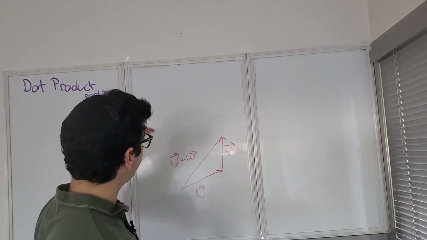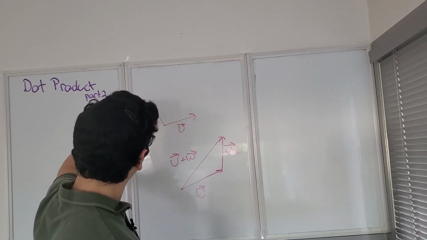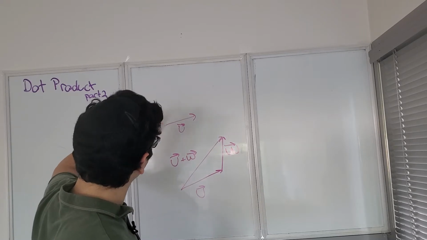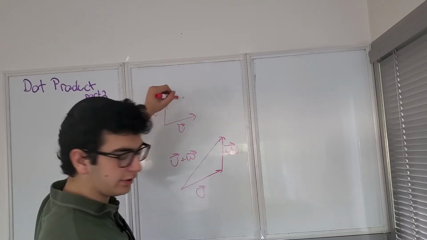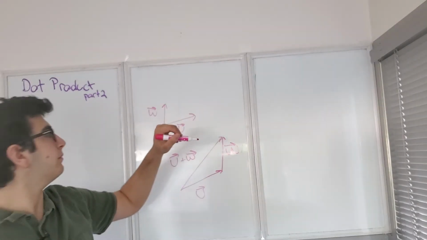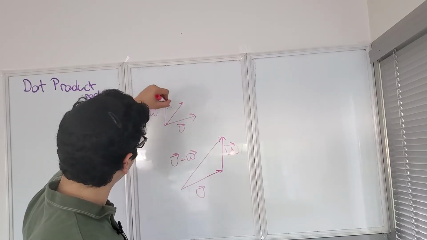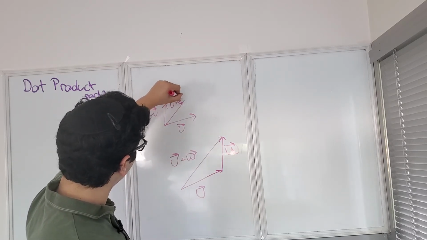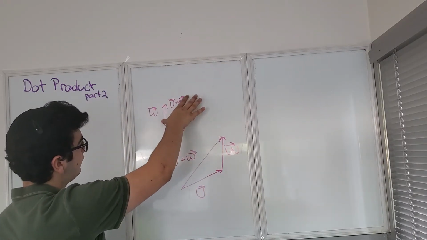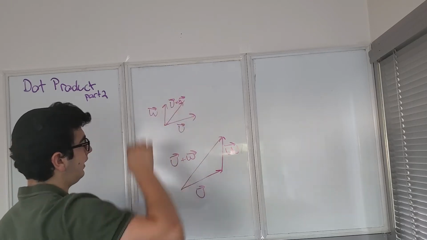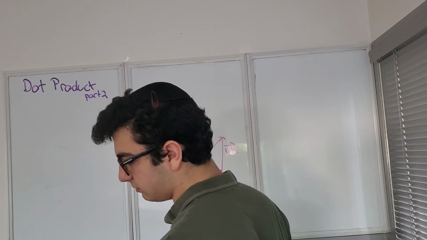If I move this w over here and ask what is u plus w, this would still be the same thing. To show that, all you have to do is move that vector over there, and then that line is the sum of the two.